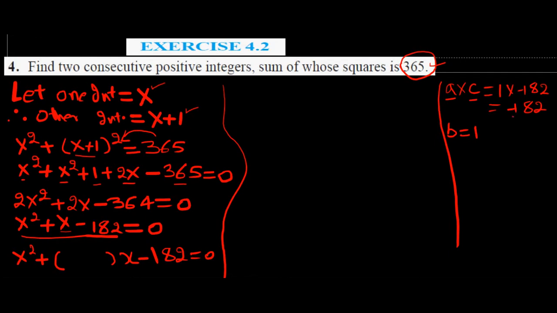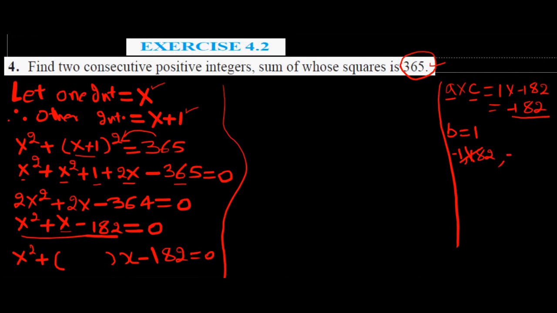Now I will start listing the factors of 182 in such a way that the higher factor is positive and the lower factor is negative. Okay, let us start listing factors. The first pair can be minus 1 and 182. Lower factor is negative and higher factor is positive, but this will not do because the addition will not be 1, so this pair is rejected.